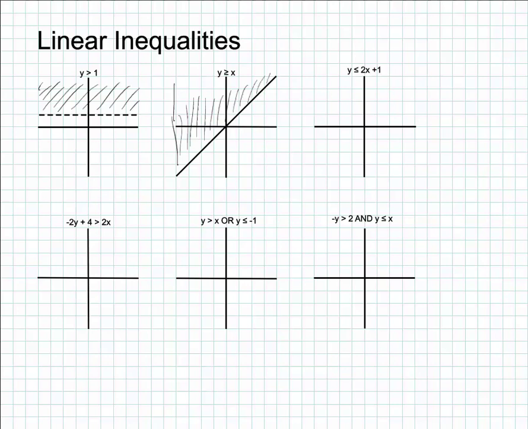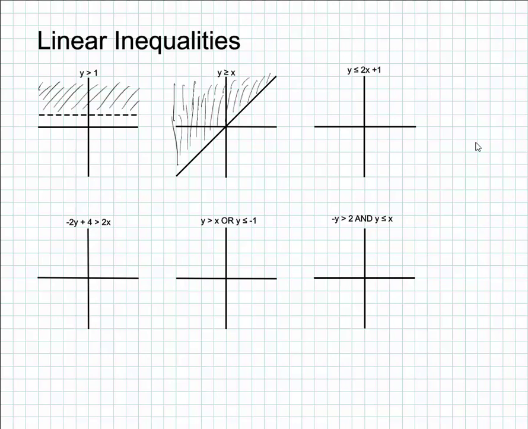So anything that shows up above this line will be a valid solution. Of course, anytime you are unsure, you can always test a point. If we were to randomly choose the point (-1, 1), then we would have y being 1. 1 is greater than or equal to -1. So we know that that would at least be correct.